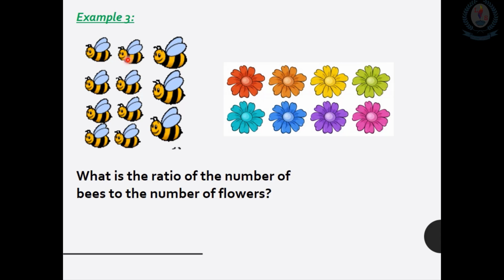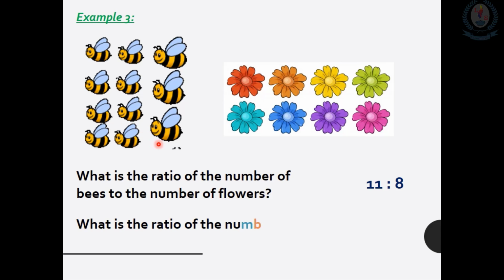There are 8 flowers. 11 bees and 8 flowers. So, can you tell me the ratio of the number of bees to number of flowers then? Yes, it's 11 to 8.